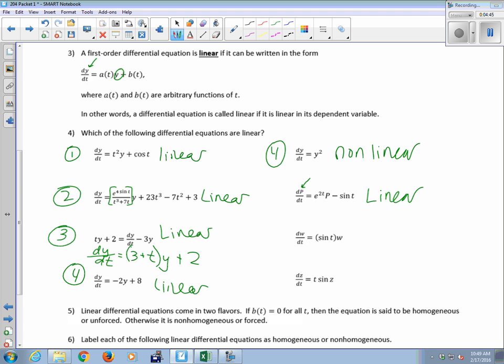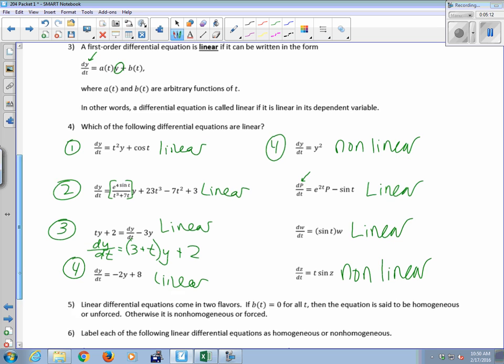Linear, because the dependent variable is w. We are linear in the dependent variable. And dz dt equals t times sine of z. No. Right. The z is the dependent variable. Sine of z is a nonlinear term, so this is nonlinear. Good.